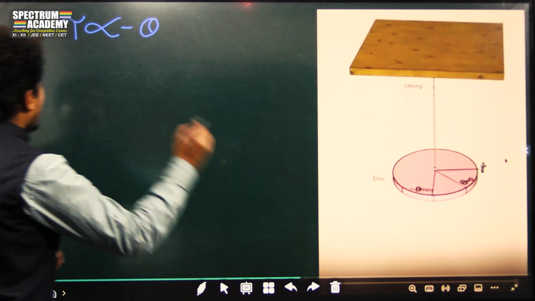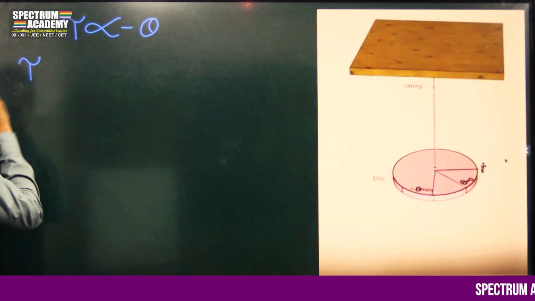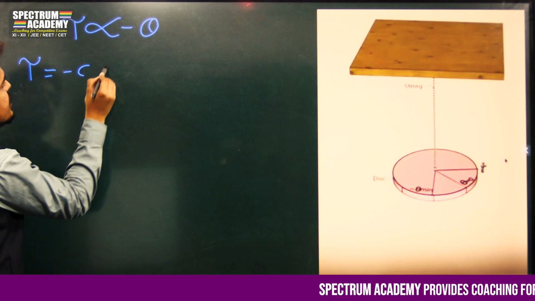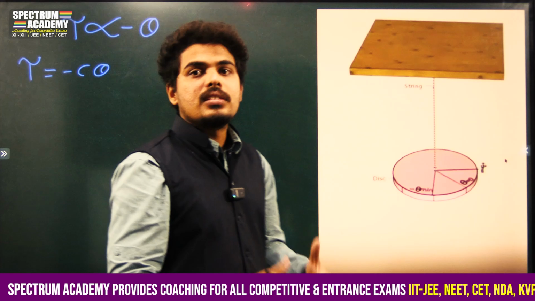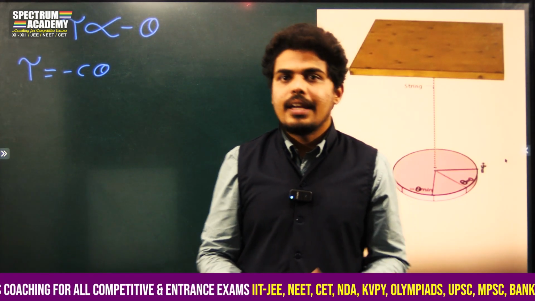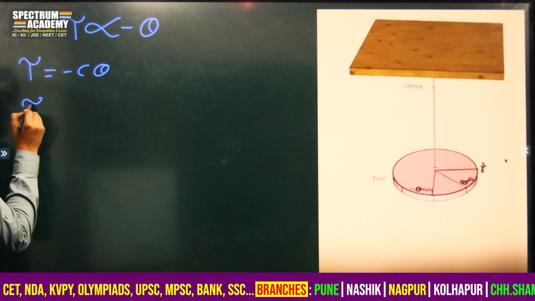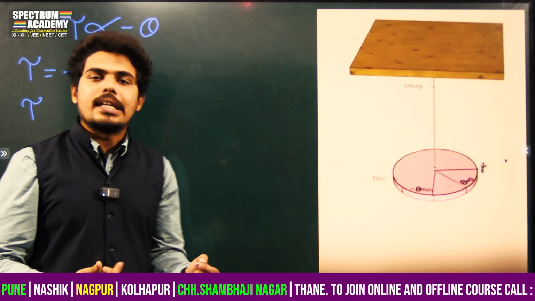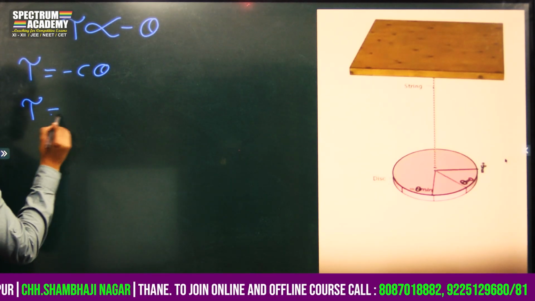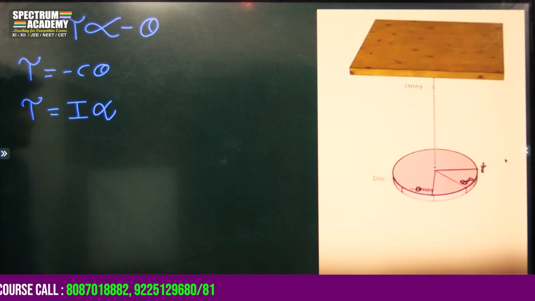Now let's see the proportionality constant, then we can get tau equals minus c theta, where c is some restoring constant. It is a rotational constant in that equation. But we know from the knowledge of rotational dynamics, the torque is given by torque equals moment of inertia I times angular acceleration alpha.